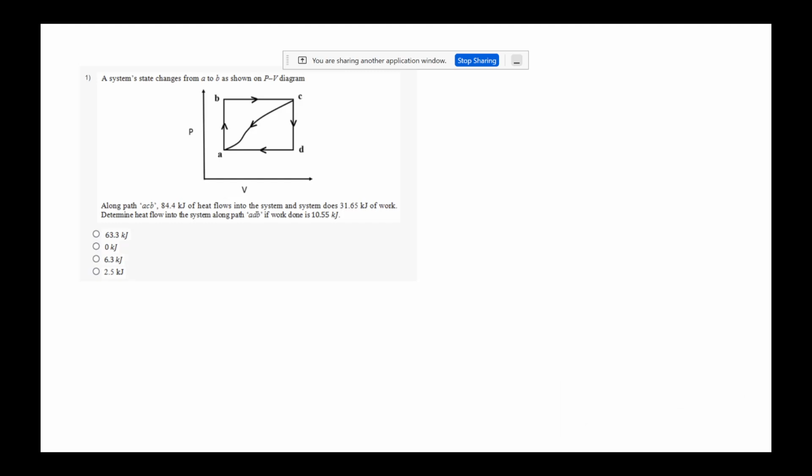Now along the path ACB, heat flows into the system, Q is 84.4 and W is 31.65. Now the question says, if it does work of 10.55 in this way, then what will be the heat?